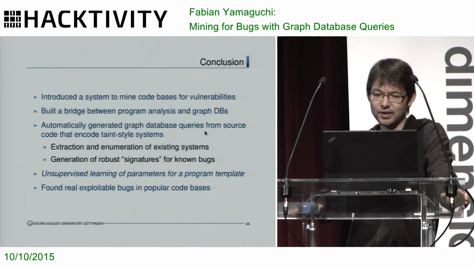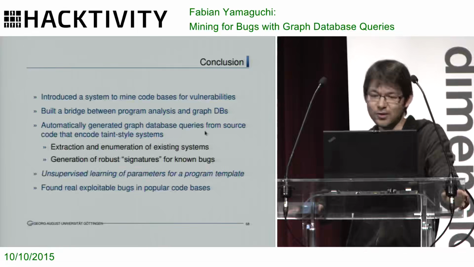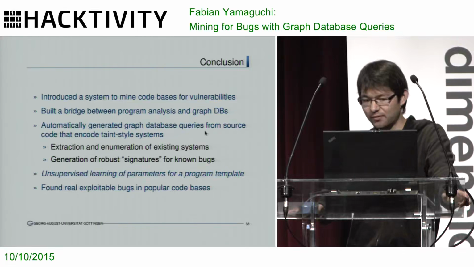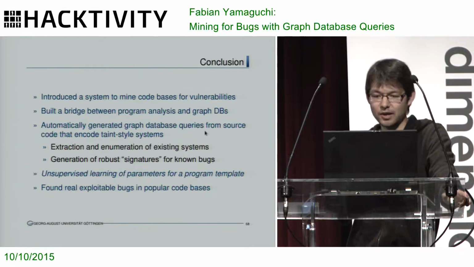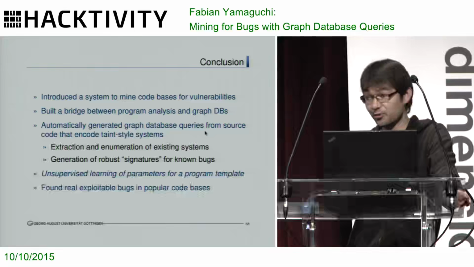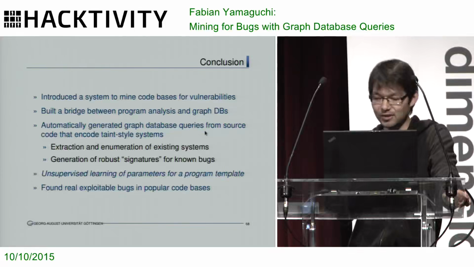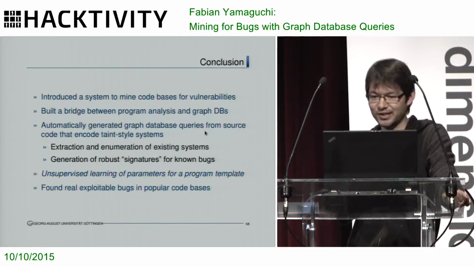And this is something that, on the one hand, tells you what you could look for. On the other, it gives you robust signatures for known bugs that you have. We found real bugs using this, so it kind of works. That's all I can say. Okay, thank you.